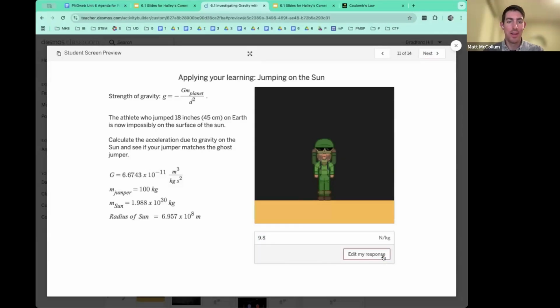You can see a big difference. The ghost jumper barely gets off the ground. And so it's just trying to get that feel of, is that calculation correct? And to give a visual example of if it is. Yeah.